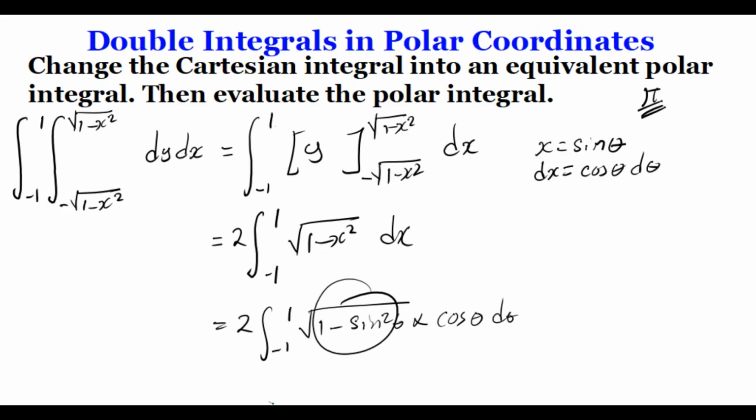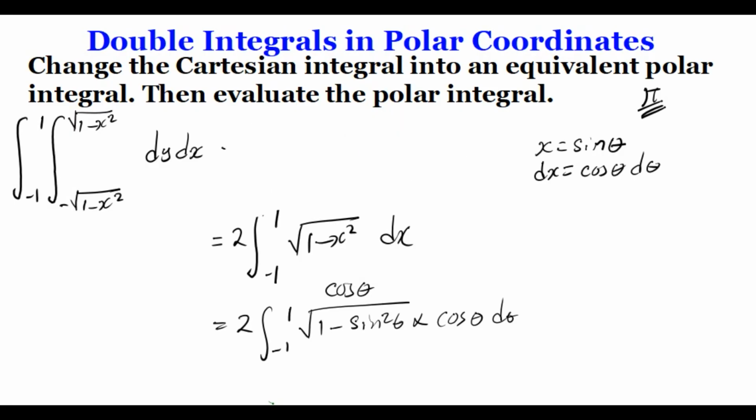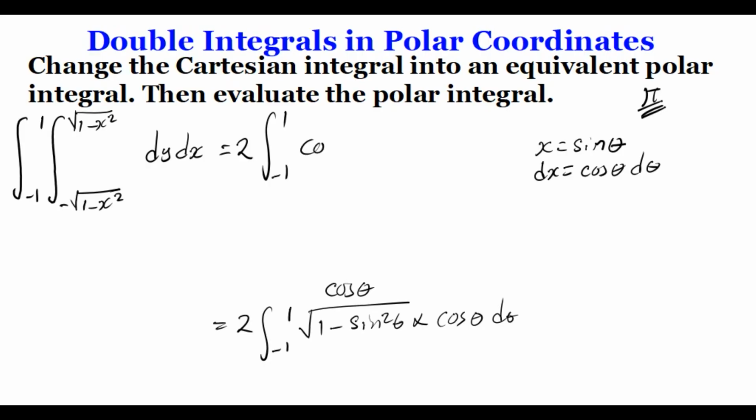This part here is nothing but cos theta as well. So what this now gives us is 2 from negative 1 to 1 of cos squared theta d theta, like that.